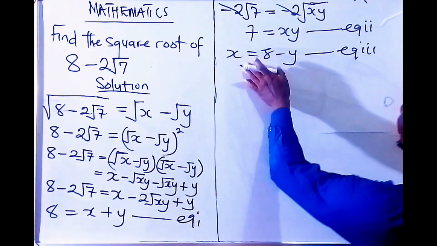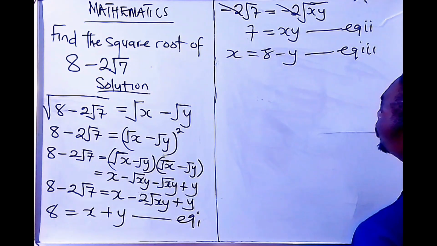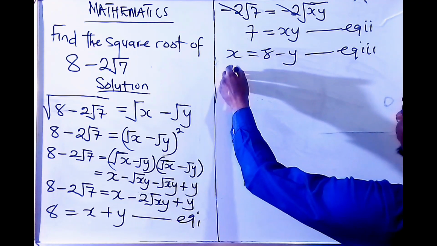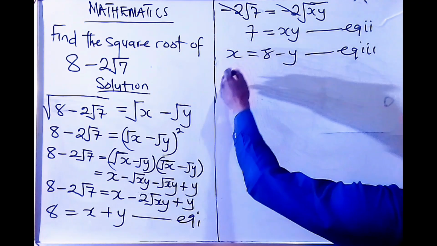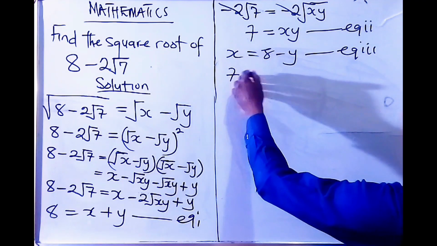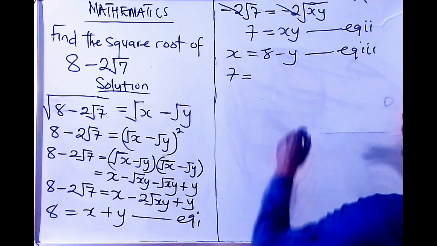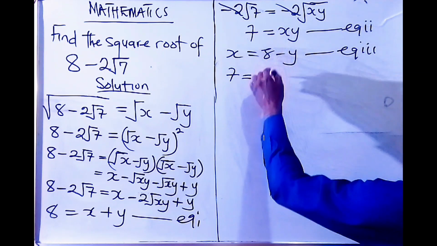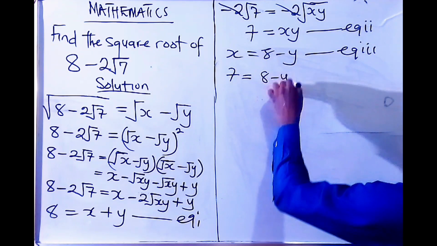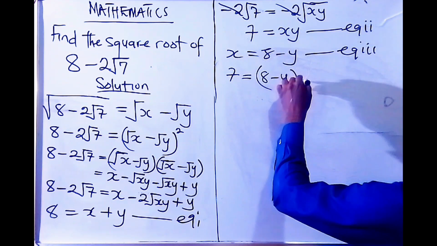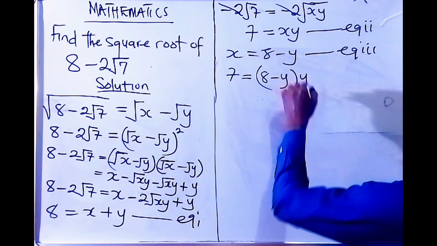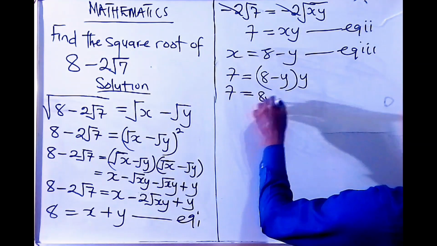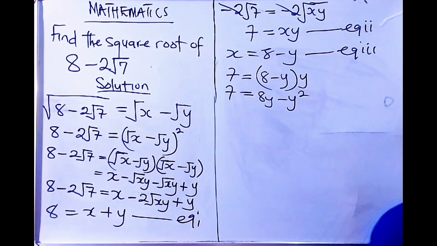Now you substitute equation 3 into equation 2, so we get y. We have 7 is equal to, anywhere you see x, you put 8 minus y. So I'm going to put 8 minus y into this y. By the time you multiply out, you have 8y minus y squared.